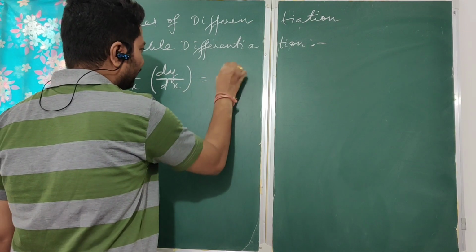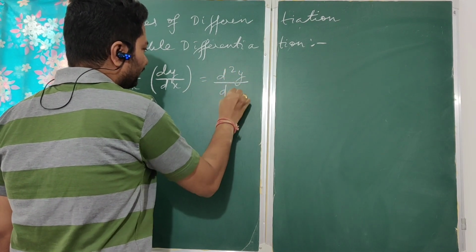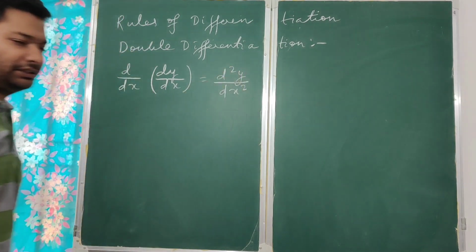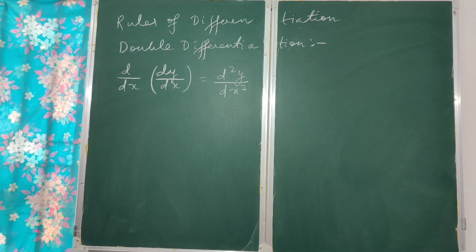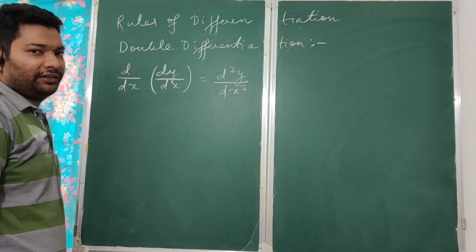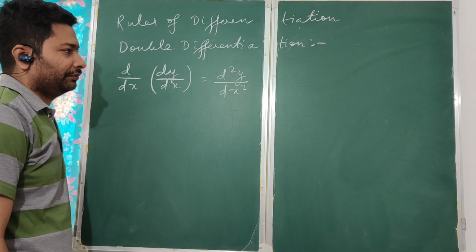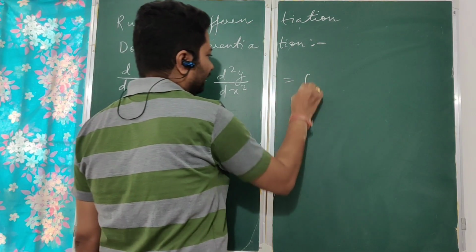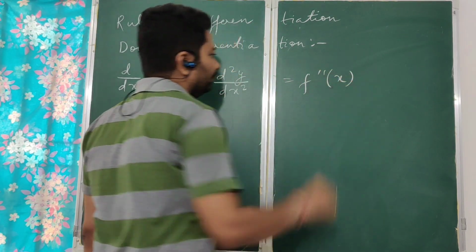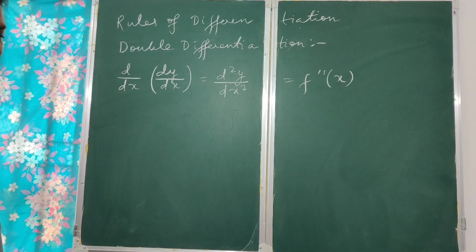So you can also write it as d square y by dx square. This is the notation in which we represent double differentiation or second order derivative. So this can also be written as f double prime x.